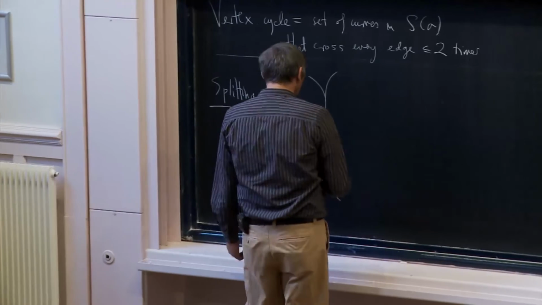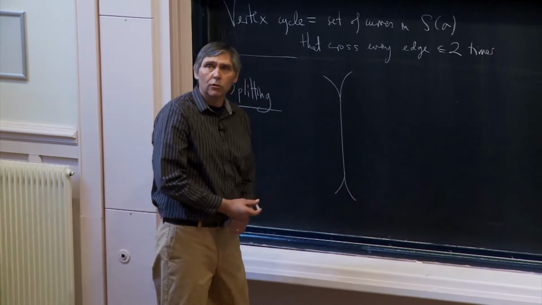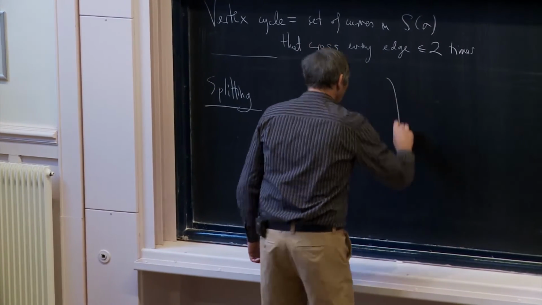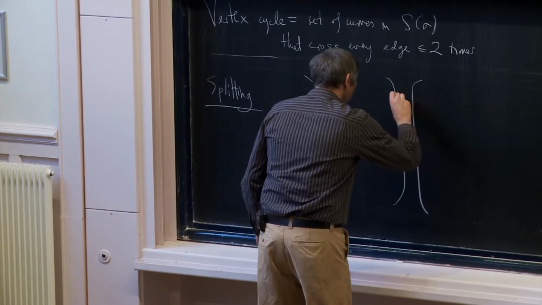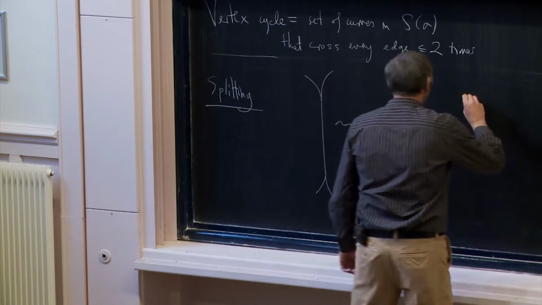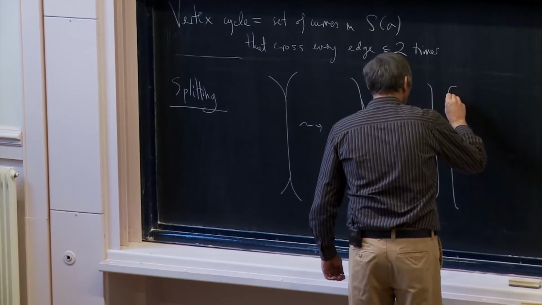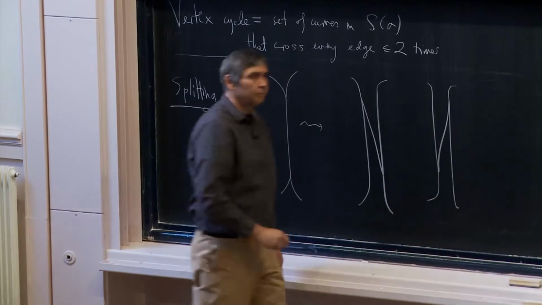Well, then what I can do is split it, in 2 different ways. I can do this, like this, or I can do it the other way. I sort of pull them apart, and then I draw a diagonal in 2 different ways.